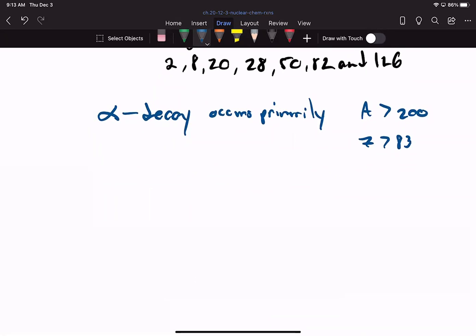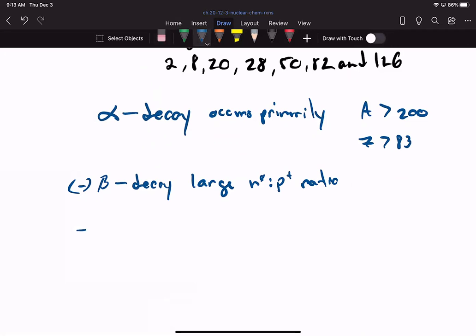As far as beta decay, so we have beta emission, where we're doing electron emission, beta decay happens for nuclei that have large neutron to proton ratios. So large neutron to proton ratio.